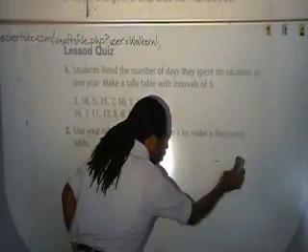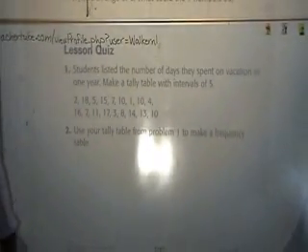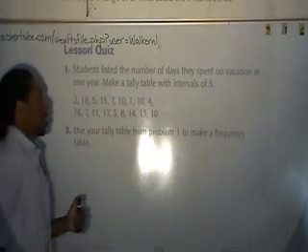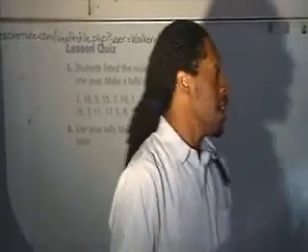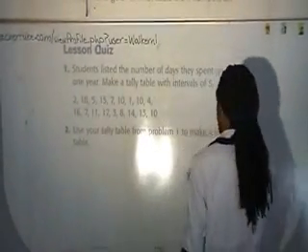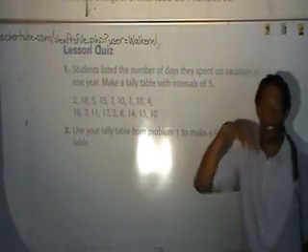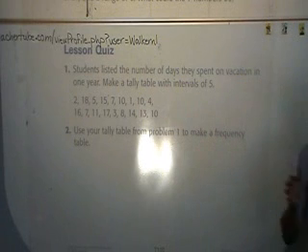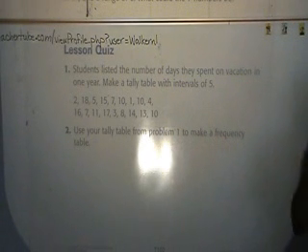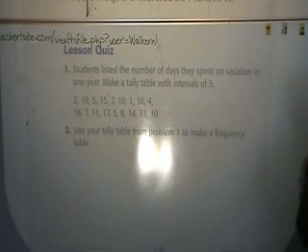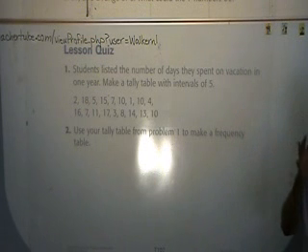Now, we did say that with numerical data, we want to use a line plot. Here, it asks us to make a tally table, which is kind of the same as a frequency table. Remember what I said about the most appropriate? The most appropriate would be a line plot for numerical data if it's really small.